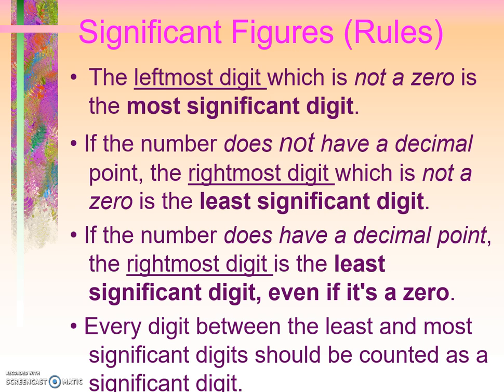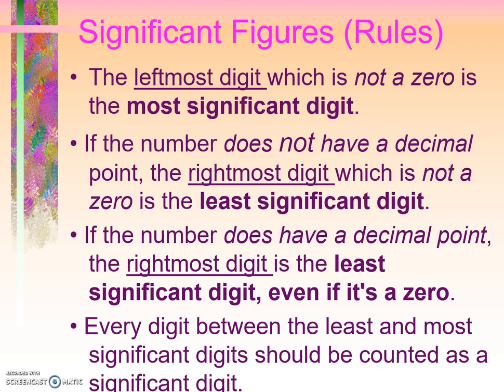Then you look at your number, and if the number does not have a decimal point in it, then you look all the way to the right, and you look at the rightmost digit, which is not a 0. So if you do not have a decimal point in your number, then the rightmost digit, which is not a 0, is considered the least significant digit.